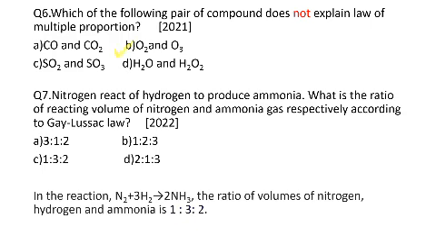Now question number 7: nitrogen reacts with hydrogen to produce ammonia. What is the ratio of reaction volumes of nitrogen, hydrogen and ammonia gas respectively, according to the Gay-Lussac law? If we write the reaction, we get N2 plus 3H2 gives 2 molecules of ammonia, 2NH3. If we take the ratio of the volumes, it becomes 1:3:2.